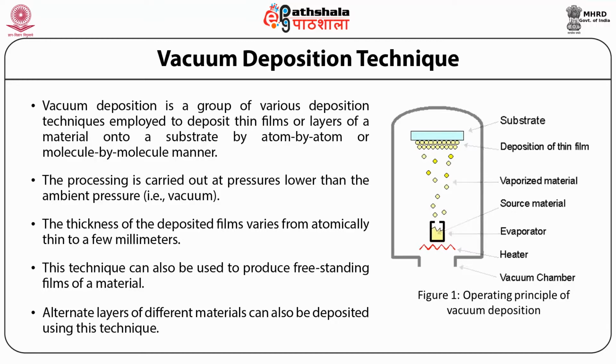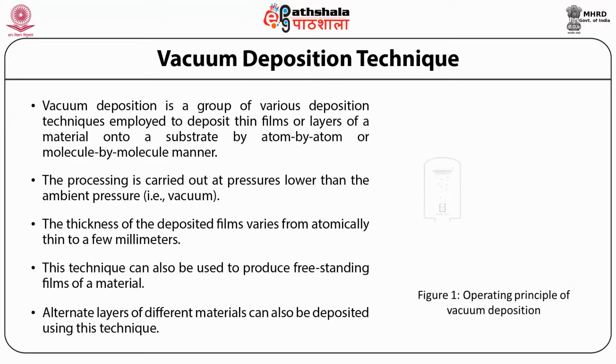As an example, this technique can be used to produce optical coatings where layers of different materials are present on top of each other. Figure 1 shows the operating principle of vacuum deposition, where we have a substrate onto which the thin film is deposited.